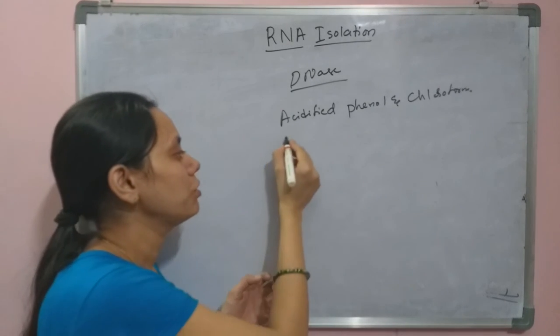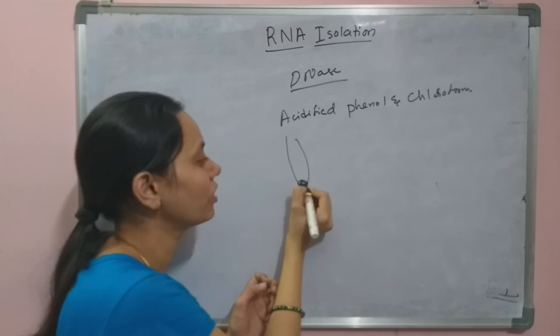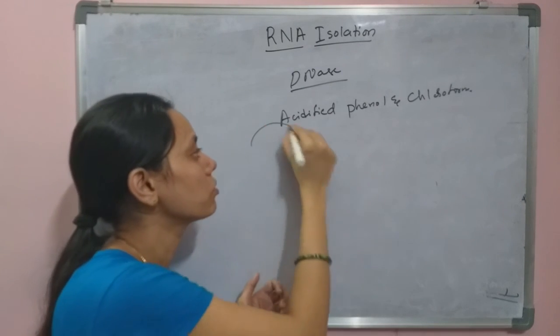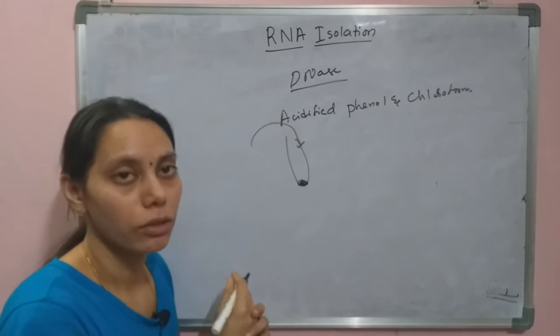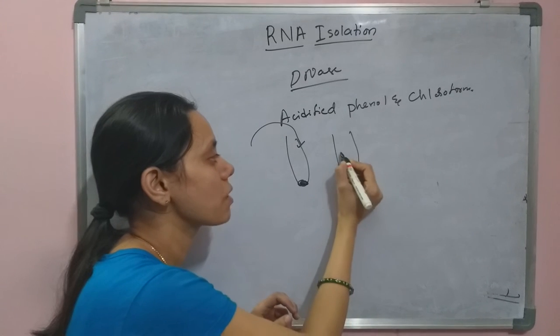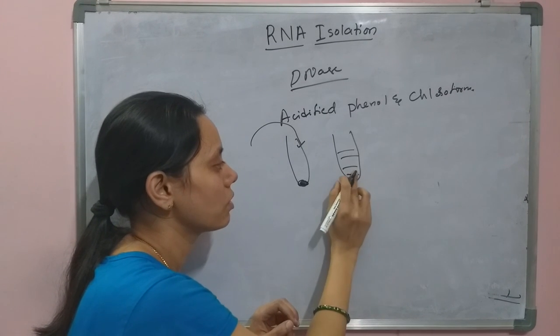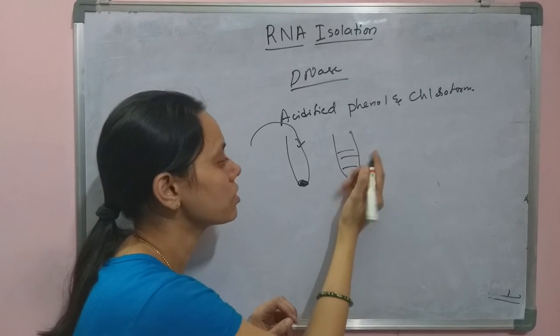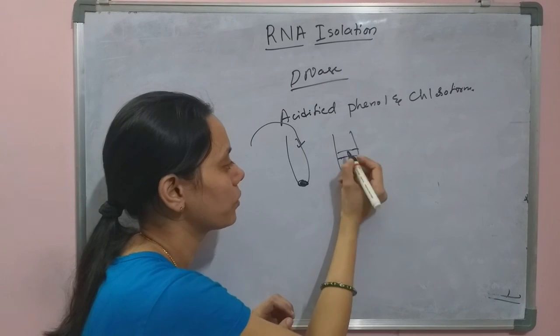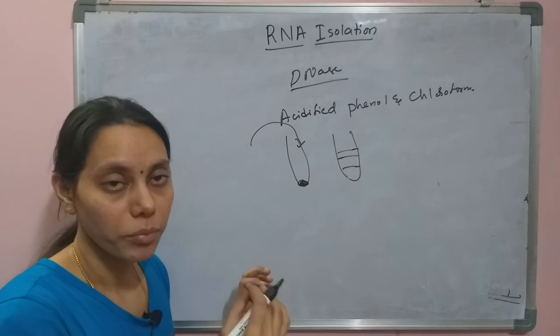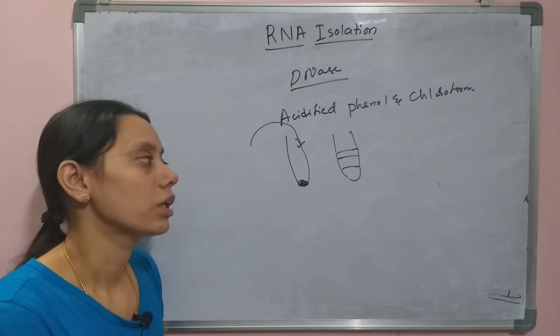That means to the nucleic acid that got separated, we are going to add this acidified phenol and chloroform. Again, the phase separation takes place. So 3 phases of the solution will be obtained: the aqueous phase, the middle layer, and the bottom organic layer.